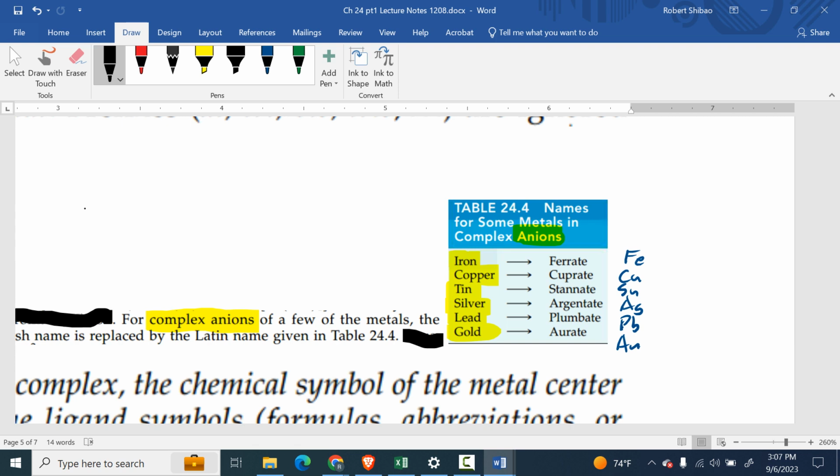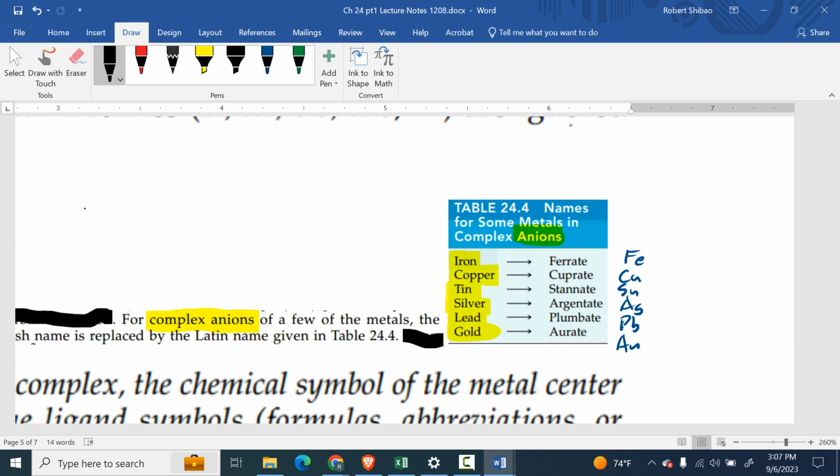Copper symbol is weird because it's cuprium. And so rather than calling it copperate, we call it cuprate. Tin is Sn, or stannum. So rather than tinate, we call it stannate. Silver is Ag, argentum, something like that.